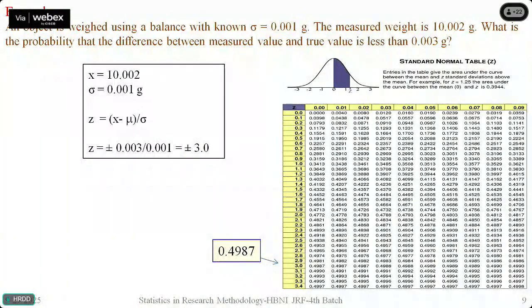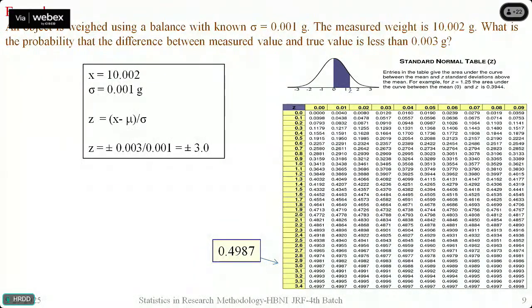Now that we have understood how to read the Z table, it is corresponding to 3.0. This figure gives you only the right side shaded portion.